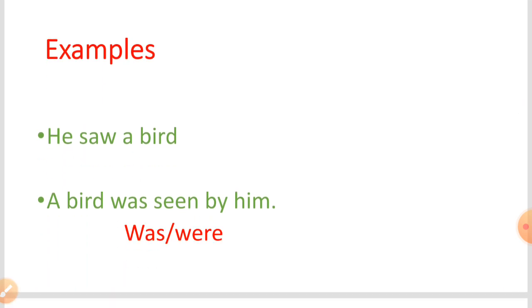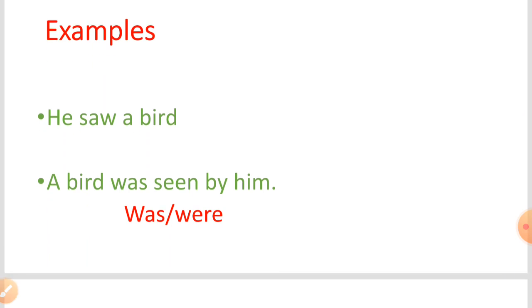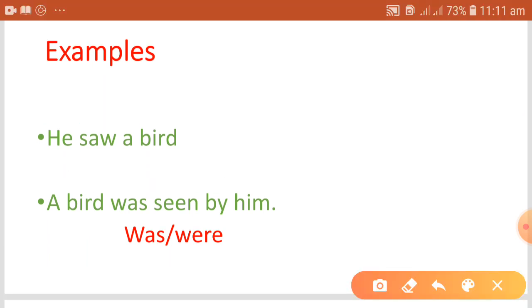Let's see one example of active voice and passive voice. Here I have written two sentences. First is, he saw a bird, and second, a bird was seen by him.